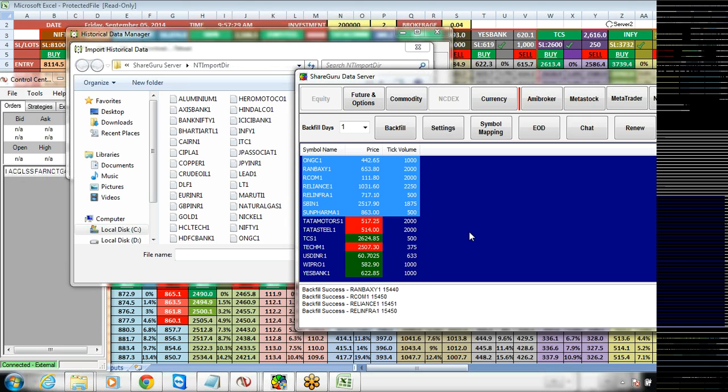Sun Pharma is at 860 now, so roughly around 2,500 rupees on Sun Pharma.